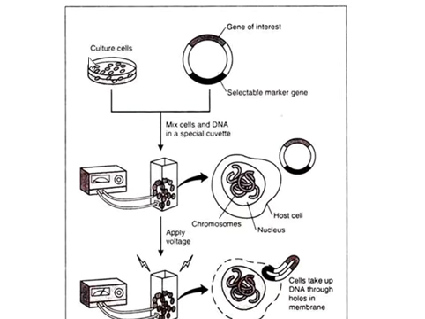Here the picture shows cells cultured in a petri dish. Next, the cultured animal cells and the gene of interest. The gene of interest may be selected from any animals. The gene of interest is nothing but the gene we need to transfer.